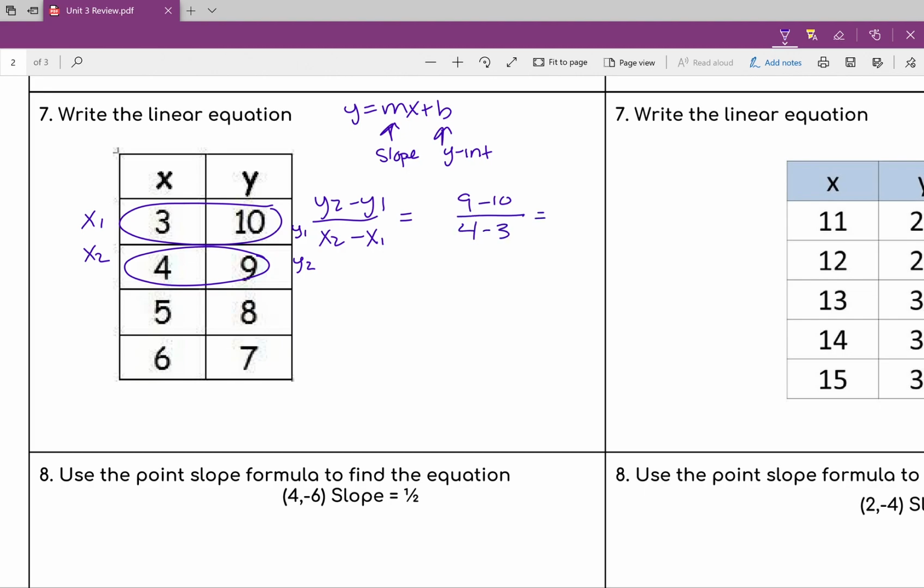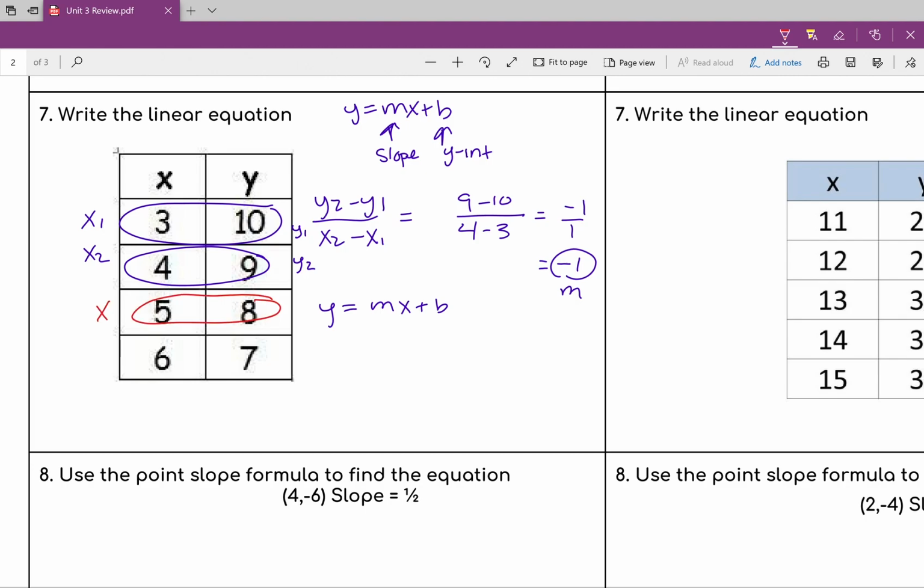So I have (9 - 10) over (4 - 3). 9 minus 10 is negative 1. 4 minus 3 is 1. Negative 1 divided by 1 is negative 1, so that's our slope. That's our m. And then we have to use the function y = mx + b to find our b value. So I'm going to choose another point to be my x and my y. Let's choose this point right here.